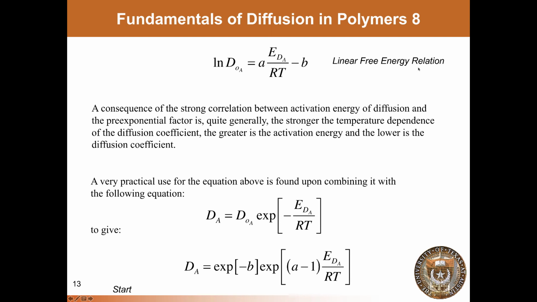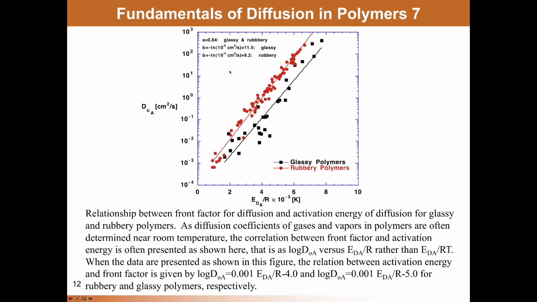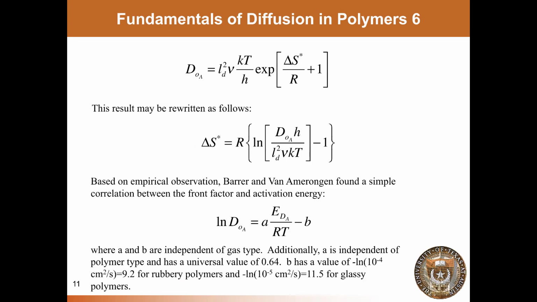It's called a linear free energy relation, and that is a relationship between the activated state energy and the logarithm of the front factor. You'll remember that the logarithm of this front factor, D0, is proportional to the entropy change between the activated and unactivated states.